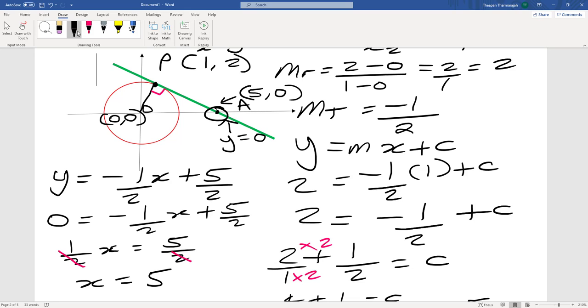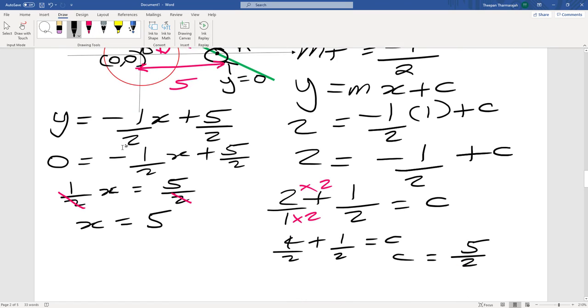So we're interested in the area. We've said that the base of this triangle is the x distance, which is 5. And the height of that triangle, from here down to there, is the y coordinate of P, which is 2. So we're now in a position to find the area of the triangle. It's a right angle triangle, so the area is base times height divided by 2.